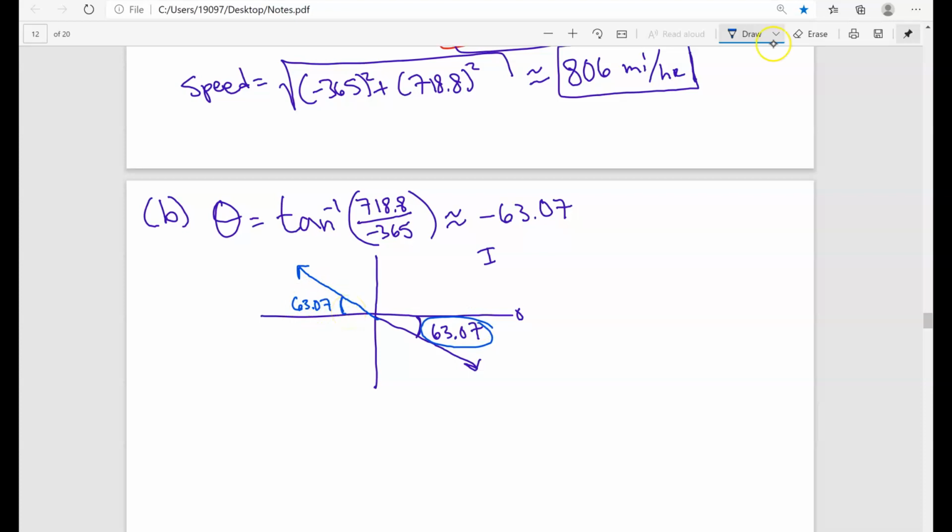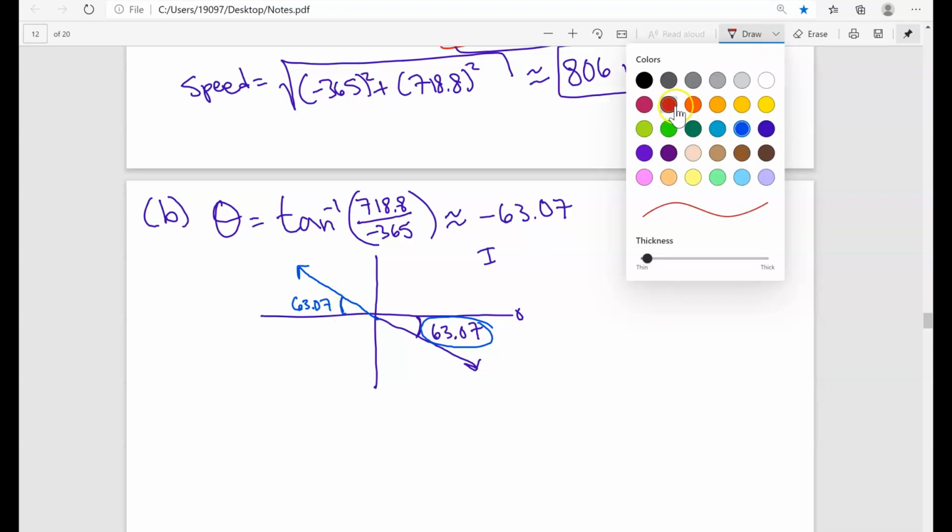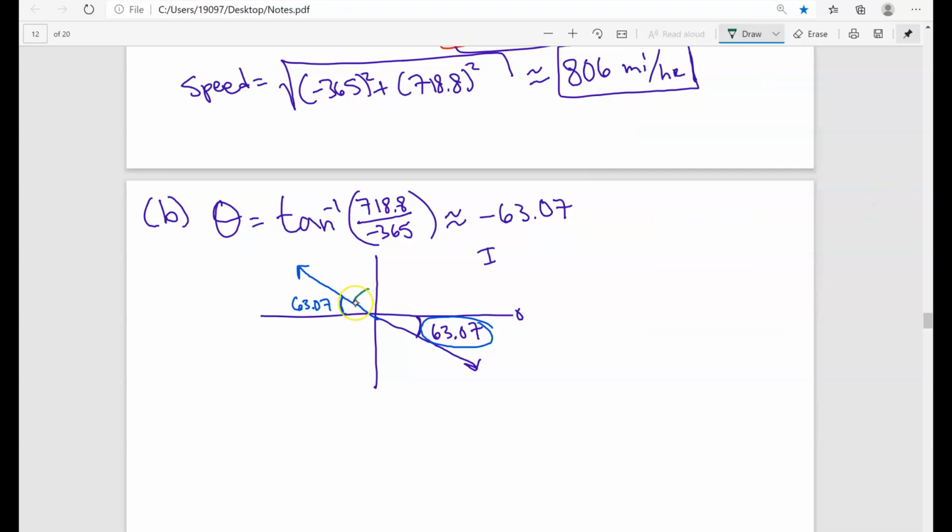Is that the angle that we want though? No, that's not the angle that we want because we want the bearing of it. So the bearing is going to be this angle right here. So how do I do that? Well, this is a 90-degree angle, so just take 90 minus 63.07. If I take 90 minus 63.07, I'm going to get 26.9 degrees. So this is the new angle.